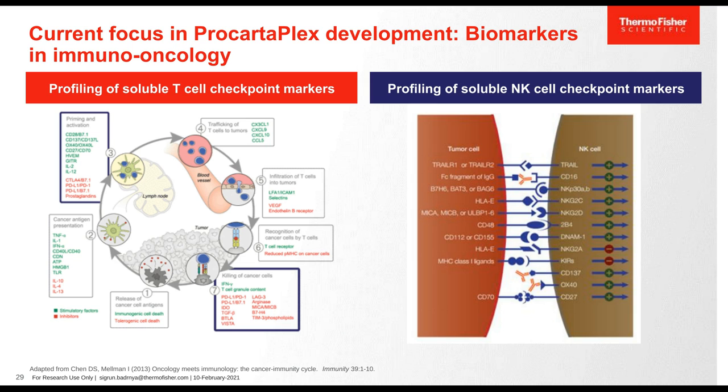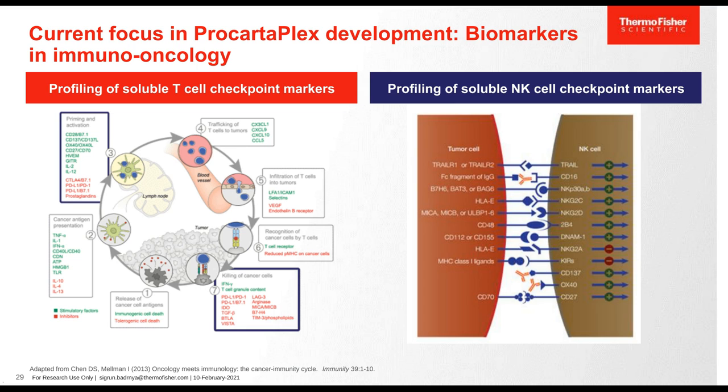Taking a look at the cancer immunity cycle on the left, which we are probably familiar with, schematically showing in a 7-step process how the immune system combats cancer cells, initiated by the release of cancer cell antigens upon cancer cell death, followed by the uptake and subsequent presentation of cancer antigens, T cell activation in the lymph nodes, the trafficking of activated T cells to the tumor site with infiltration into the tumor, and finally, the recognition and killing of the cancer cells with release of antigens that further drives this progression of the cycle.